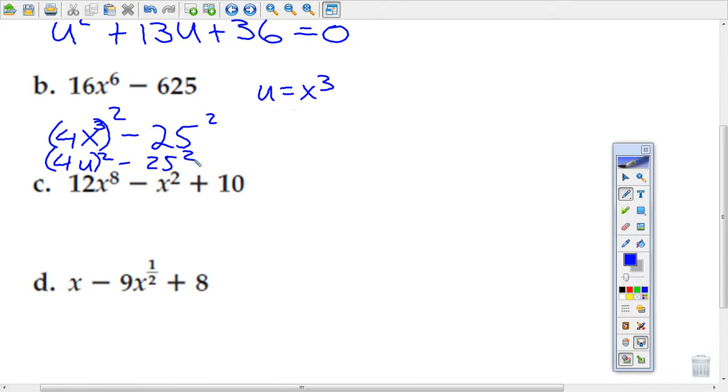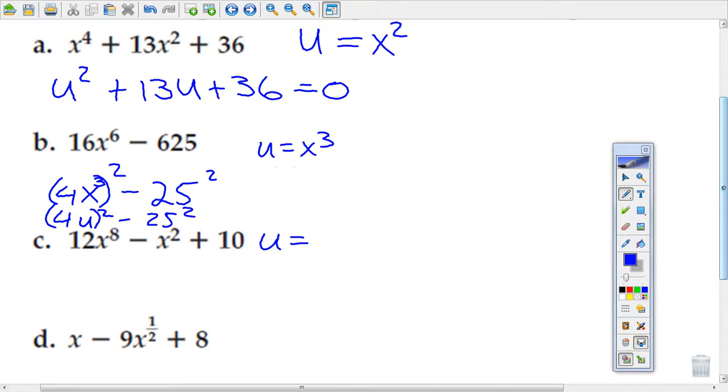So I guess on C, if you're going to go with the u thing, what would you make u equal? This one is a trinomial, which kind of looks like the first one.